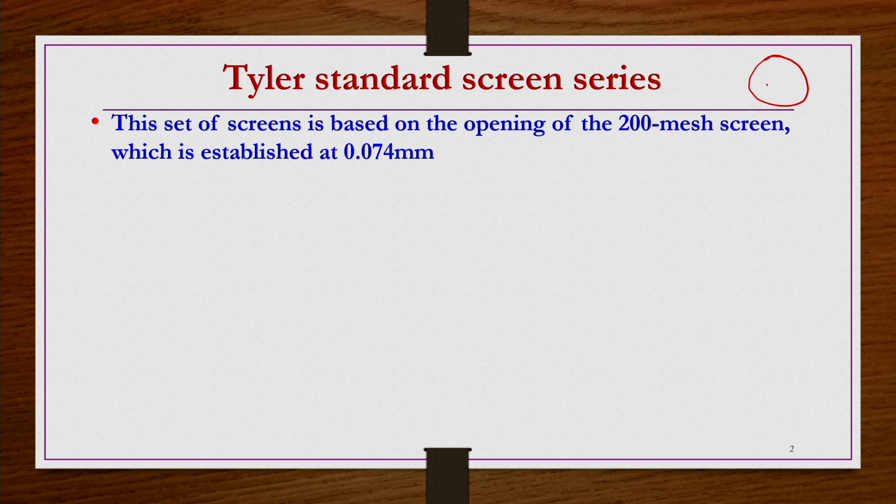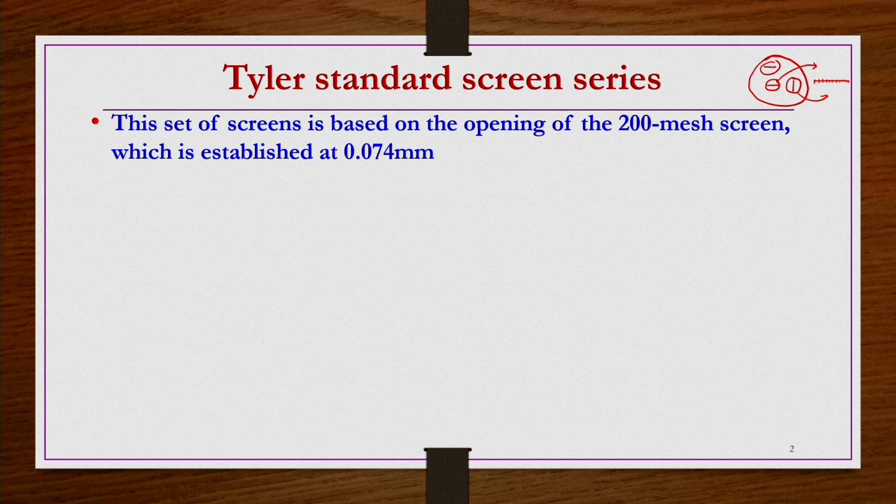Let us say this particular dimension is 1 linear inch. With 1 linear inch dimension we will have 200 openings like this. Then that particular screen is known as 200 mesh. Like that, you can take the linear dimension of 1 inch anywhere, and it will be the same in any one direction, at any location. So, per linear inch of that particular screen there will be 200 openings.